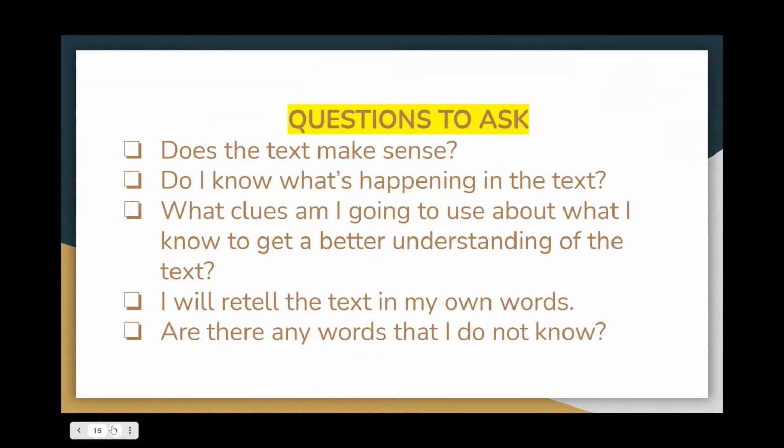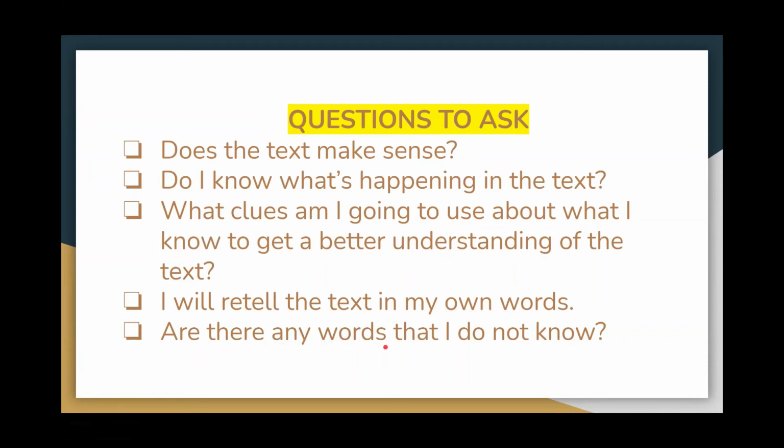So in order to monitor what I'm reading, I have to ask myself these questions, boys and girls. Does the text make sense to me? Do I know what's happening in the text? What clues am I going to use about what I know to get a better understanding of the text? I will retell the text in my own words to see if I know what's happening.